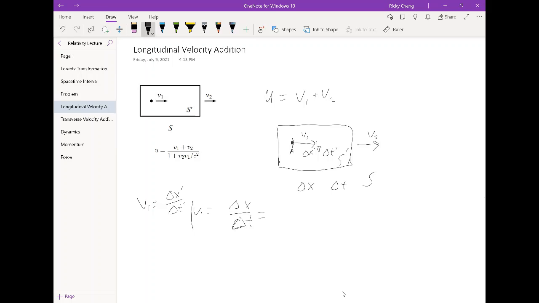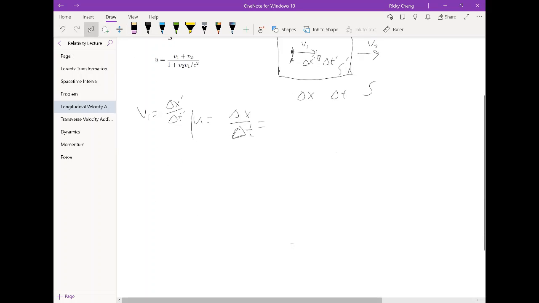We can do the Lorentz transformation on this, as a brief review of what the Lorentz transformation says.